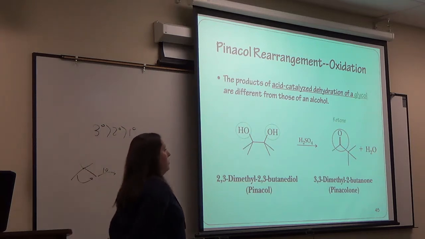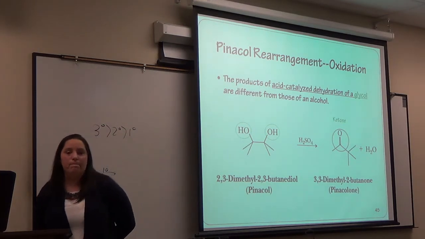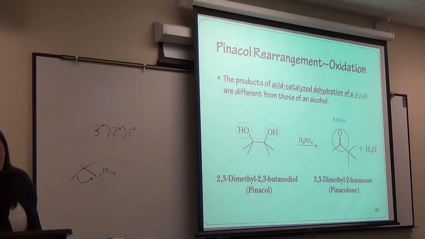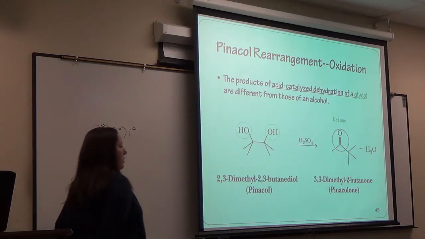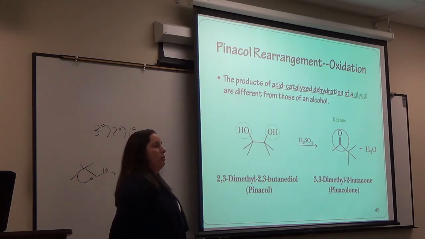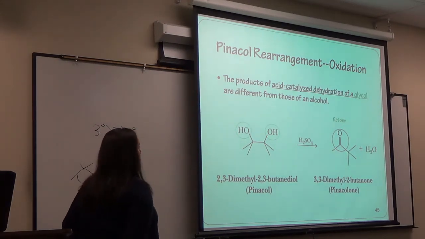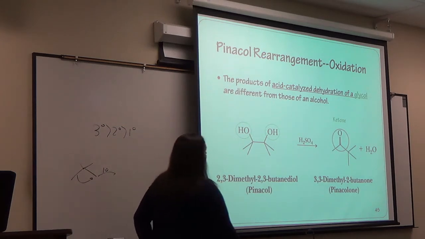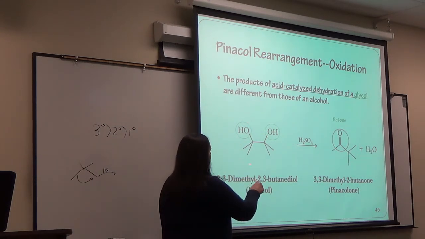Okay. Those are eliminations. So the next type of reactions are oxidation reactions. So what's an oxidation reaction? In organic chemistry, the general definition is a gain of oxygen. So we're going to be looking at a gain of oxygen for the following set of reactions. In this case, you're starting with a glycol.